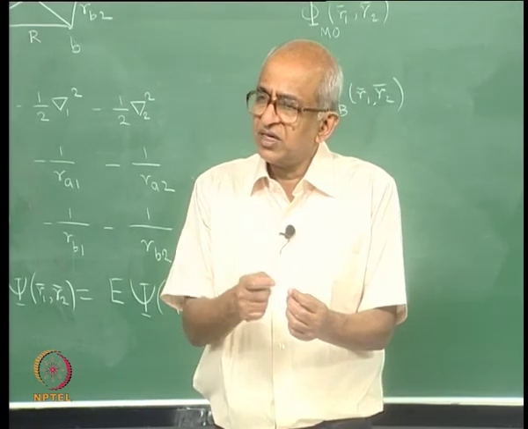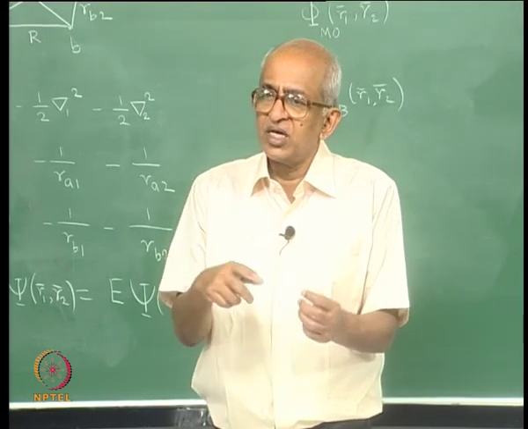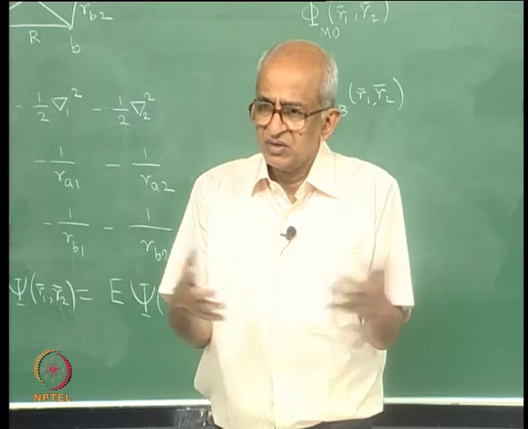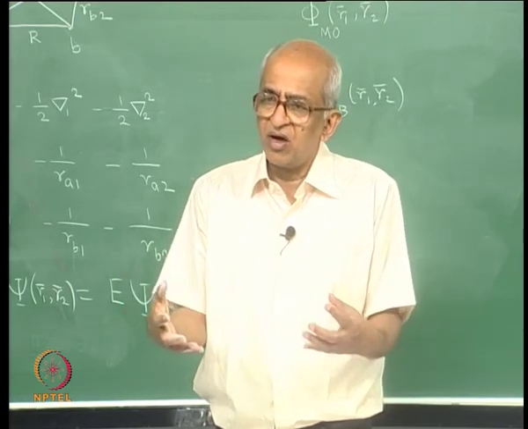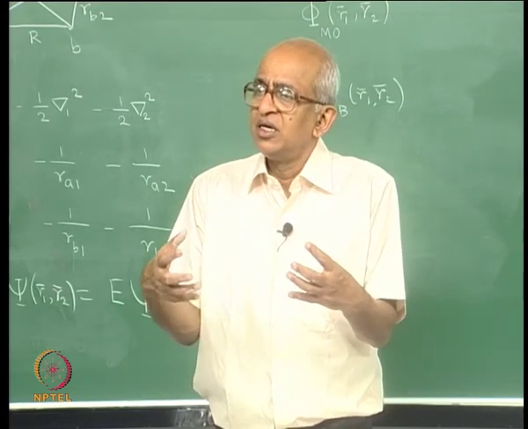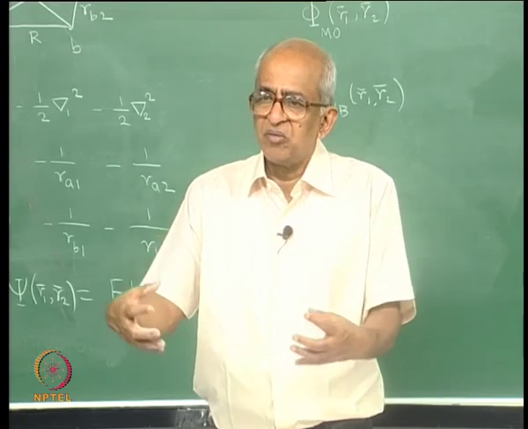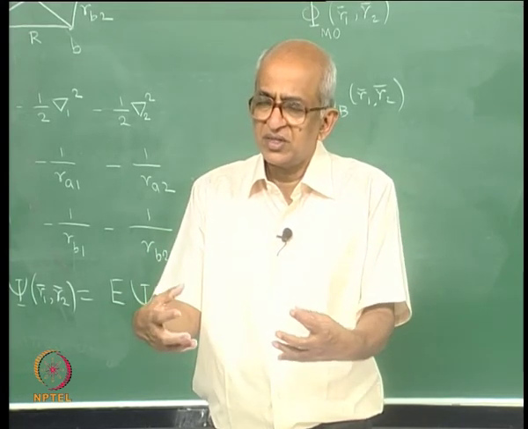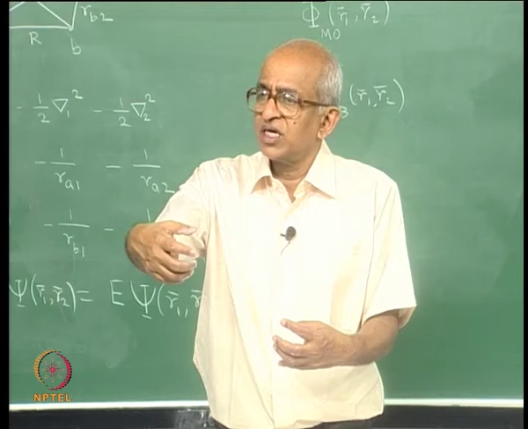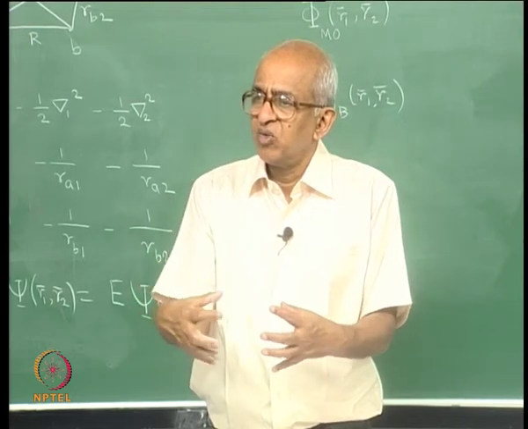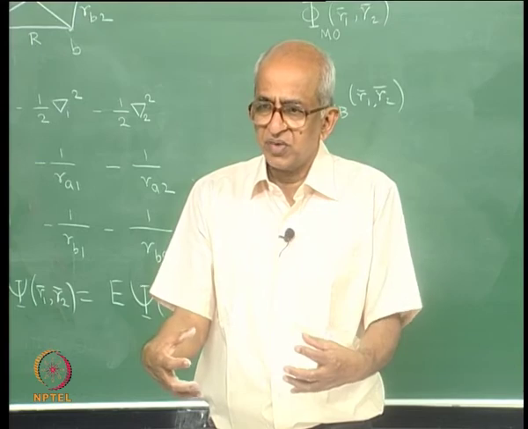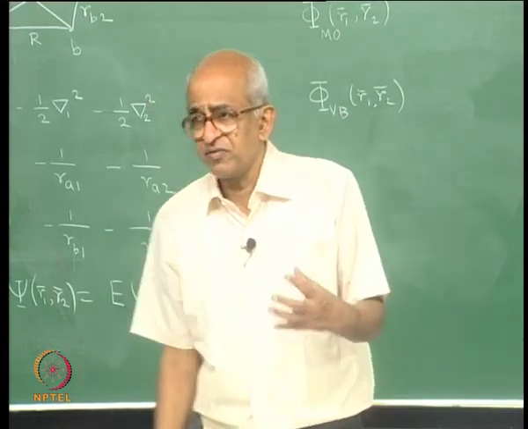An electron which feels the presence of two nuclei will form molecular orbitals, and the first electron will sit in a bonding molecular orbital of H2 plus, and similarly the second electron also I expect will sit in a bonding molecular orbital of H2 plus. So, what will be the wave function for the system?